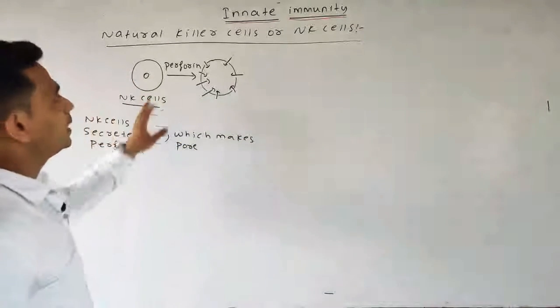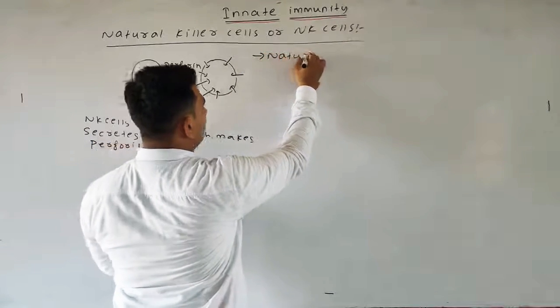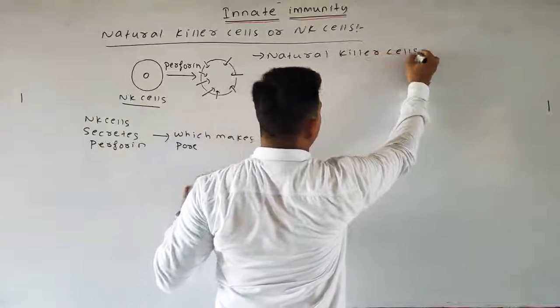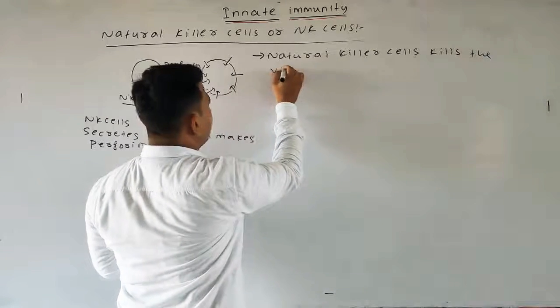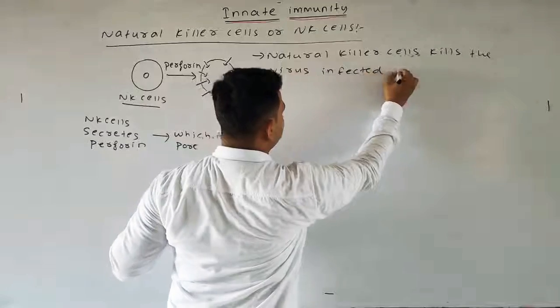First one you can write: natural killer cells kill the virus infected cells.